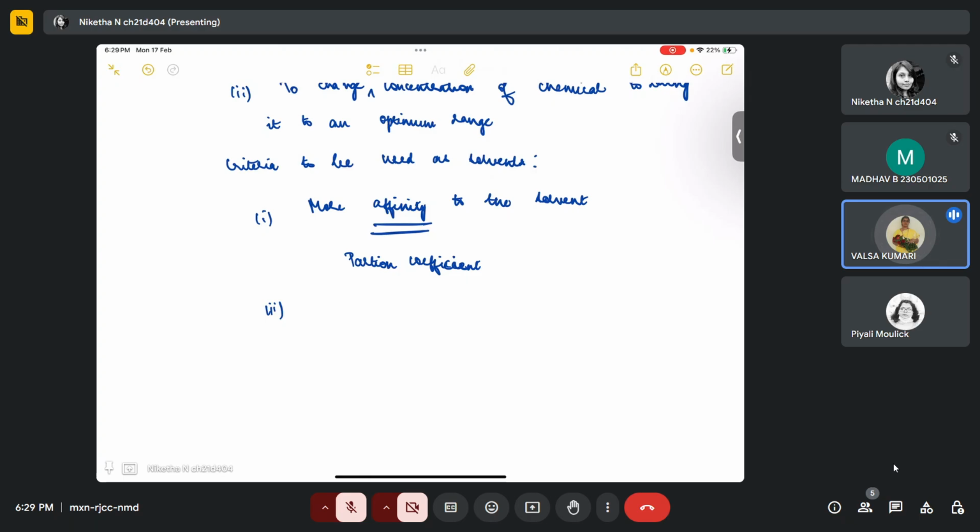Should be easily vaporizable. Okay. So, vaporization is a form of separation, right? So, why will we separate the solvent?